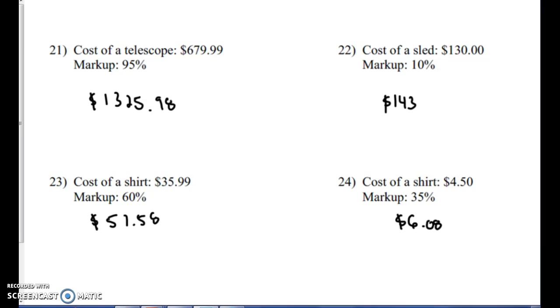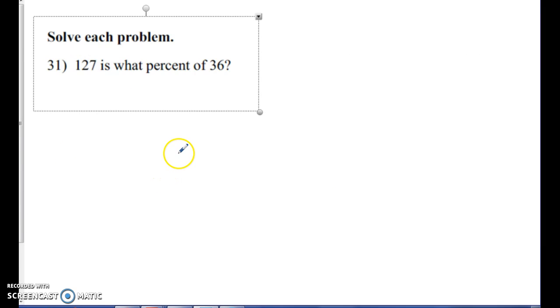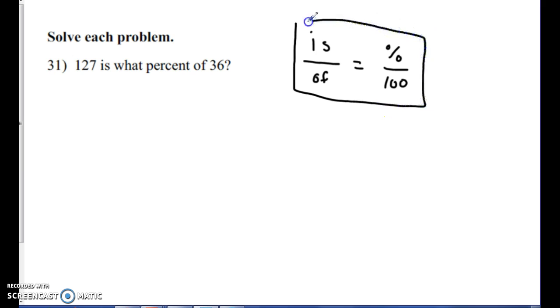But what I want to do is jump to question number 31, and I want to figure out 127 is what percent of 36? And in the past, you guys have talked about this little proportion: is over of equals percent over 100. And what I'm going to do is use this proportion to figure out what percent of 36 is 127.